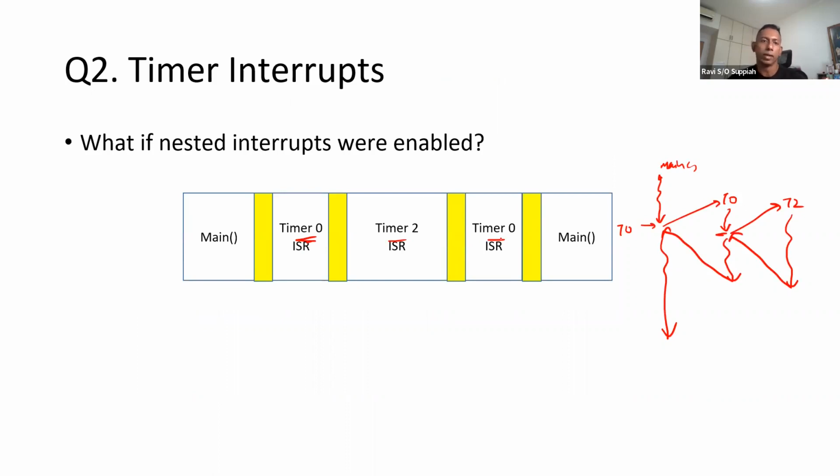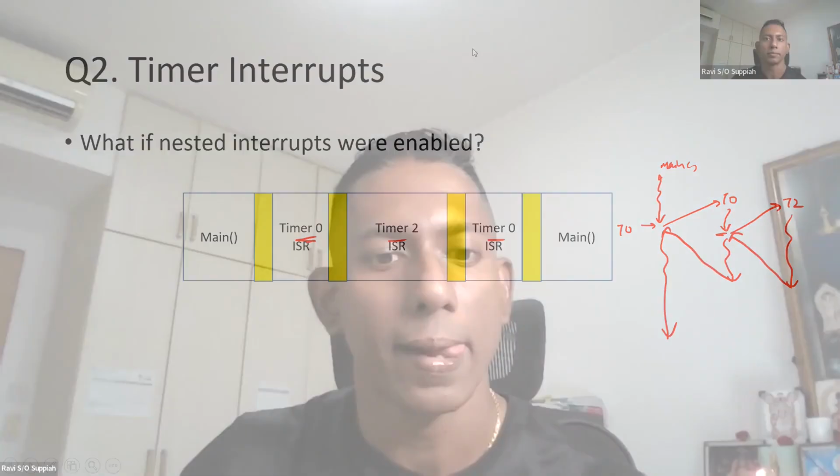In both scenarios, will the behavior of the motor be affected? What do y'all think? Any suggestion, any thoughts? Will the motor behavior be affected because of these interrupts, whether it is the first scenario or the second scenario?